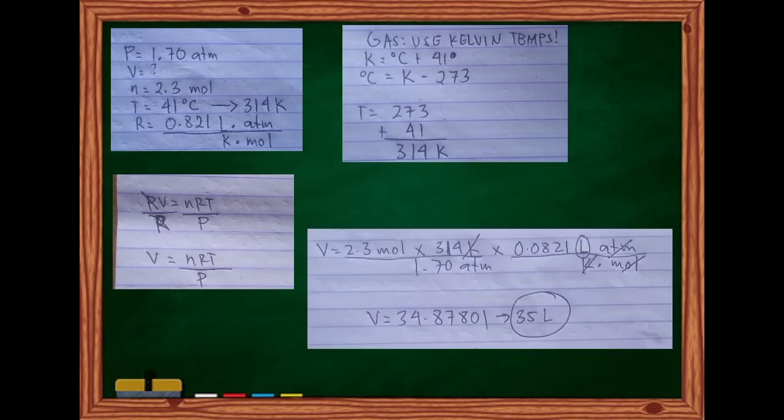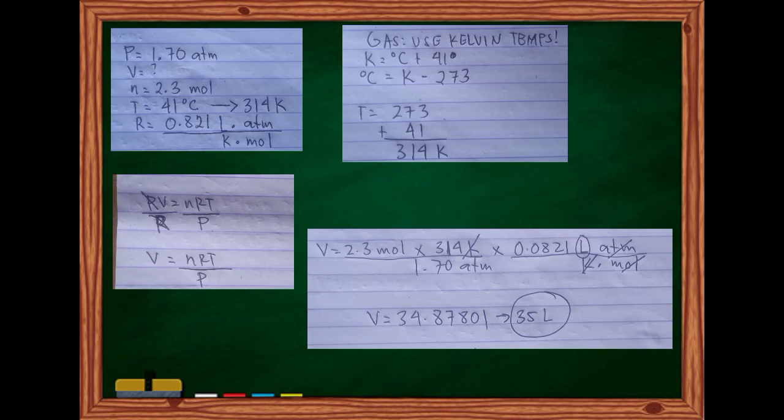So V equals n, 2.3 moles, times T, 314 Kelvin, divided by P, 1.70 atm, times R, 0.0821 liter atm divided by K mole.